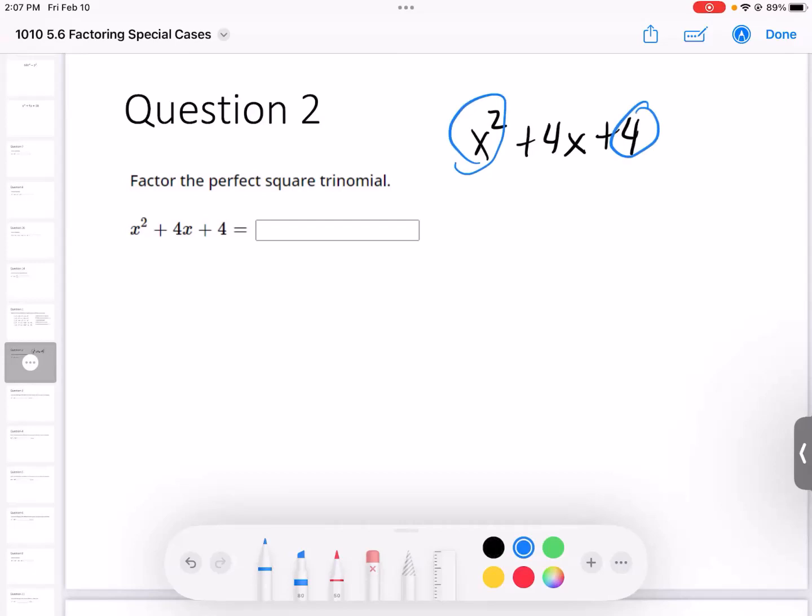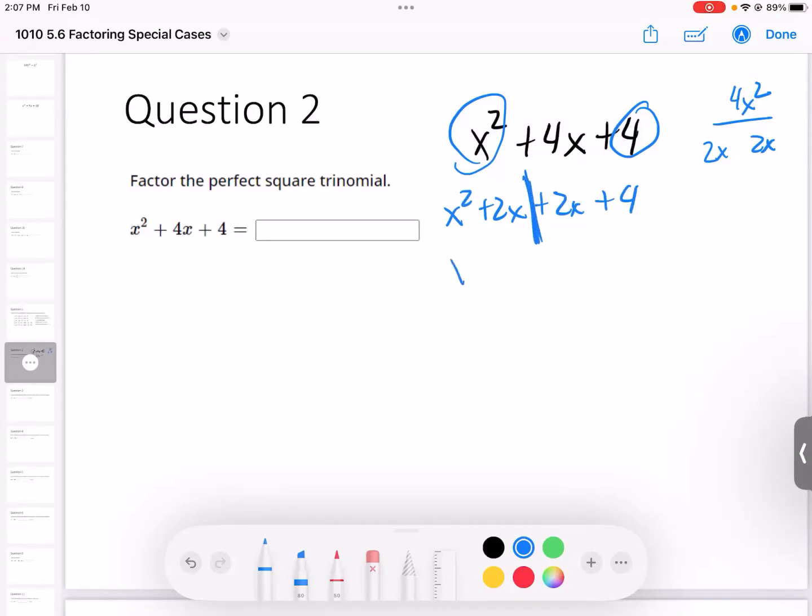So you'd say x squared times 4 is 4x squared. And what are two things that multiply to 4x squared and add to, in this case, 4x? Yep, 2x and 2x. And so I could split this up and I get x squared plus 2x plus 2x plus 4.